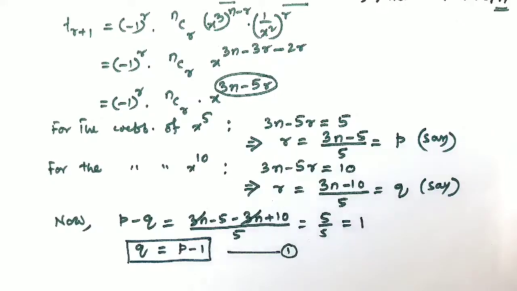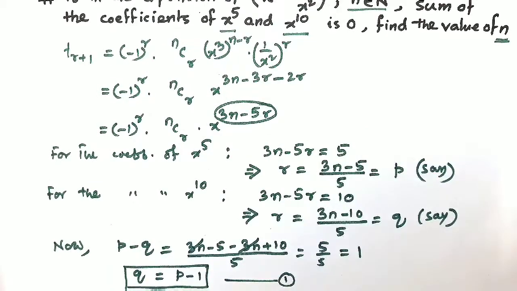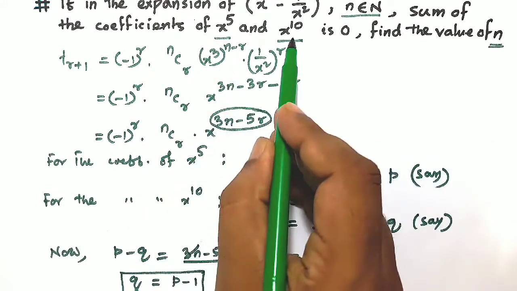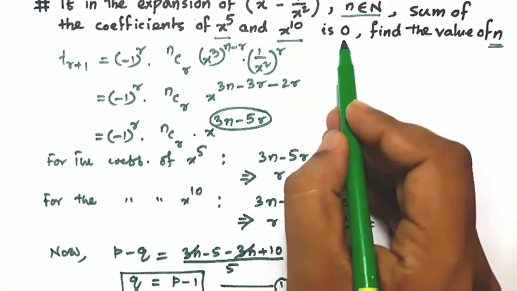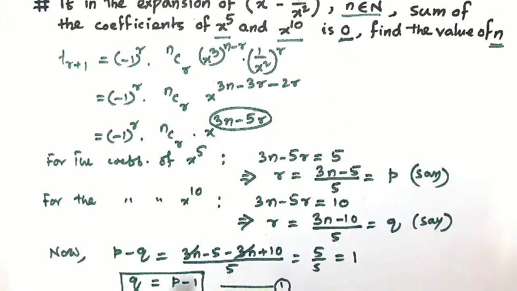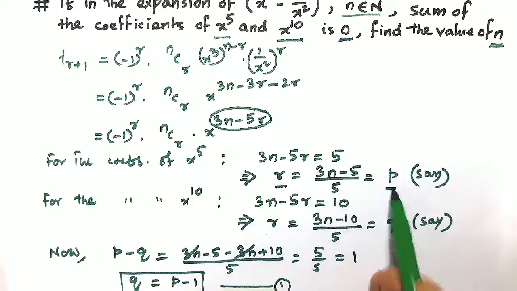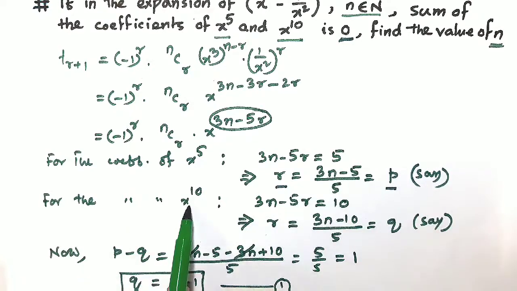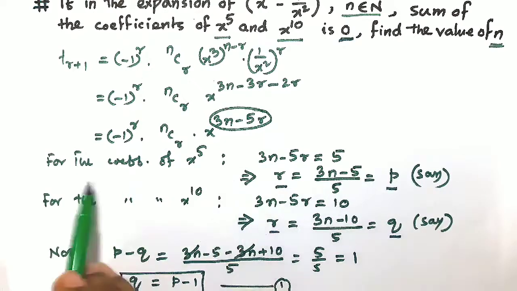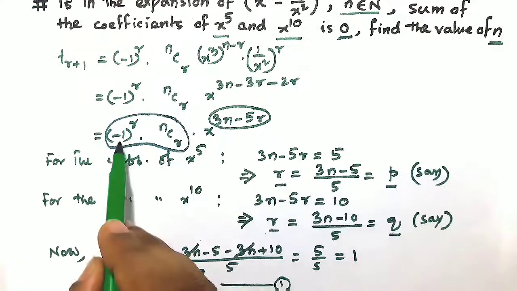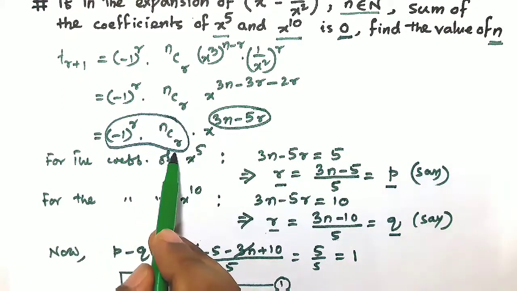Mark it 1. So, friends, we have to actually find the sum of the coefficients of x to the power 5 and x to the power 10, and this is given actually 0. Okay. Now first of all, for the coefficient of x to the power 5, r is equal to 5, and for the coefficient of x to the power 10, r is equal to q. We considered it. And this part is actually the coefficient part, (minus 1) to the power r into nCr.